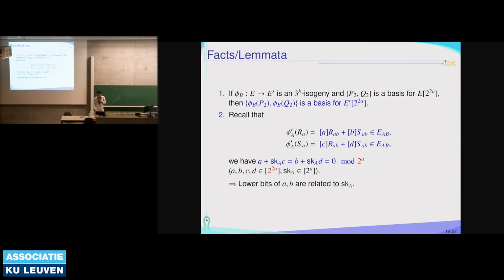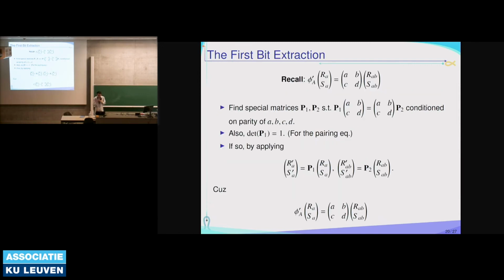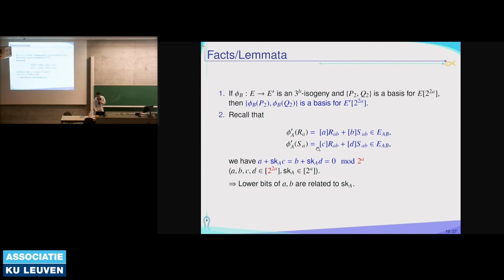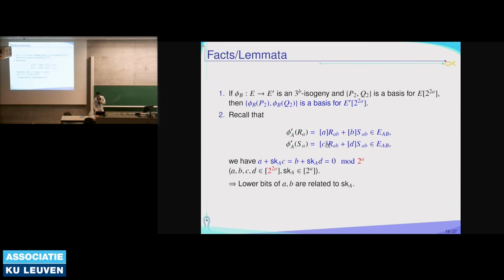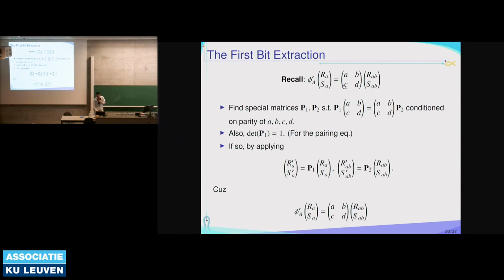So firstly, we extract the first bit of Alice's secret key. So we can rewrite these two equations in the following form, where we write phi A prime of RA, SA with the coefficient here in the matrix form.